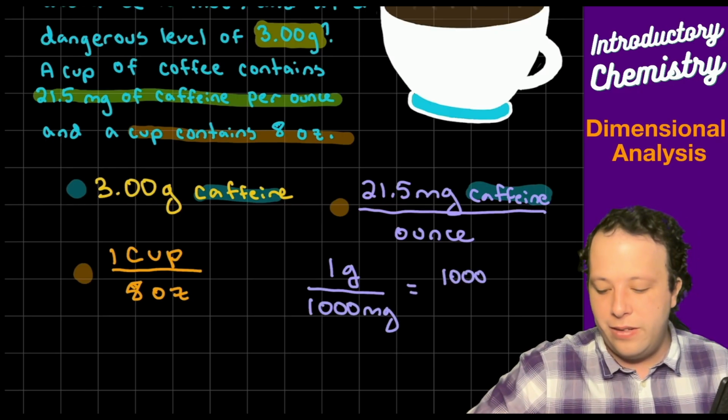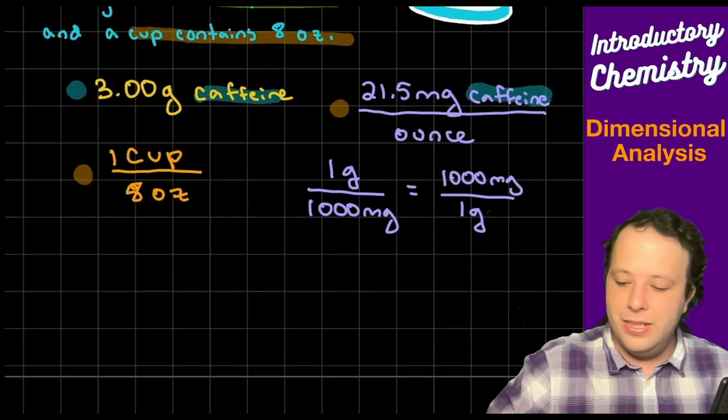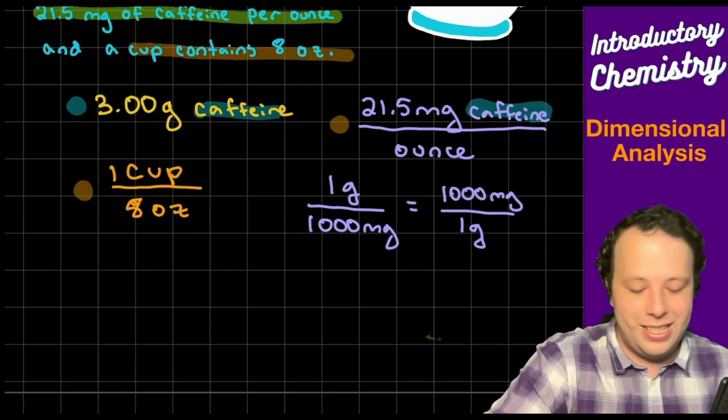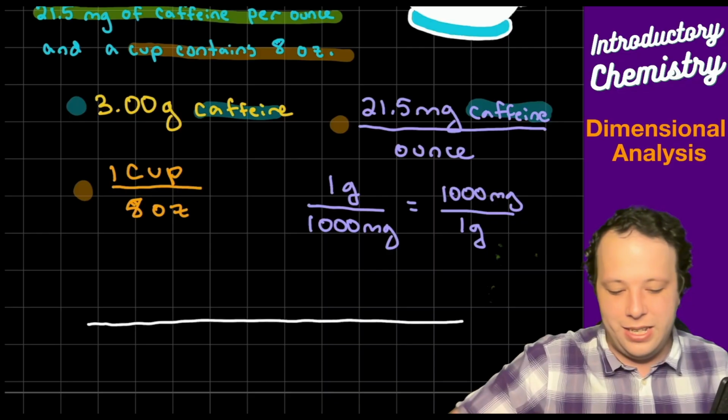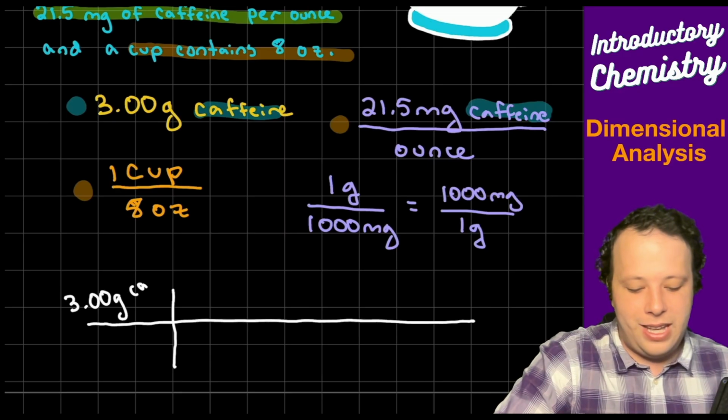So we have another conversion term, and we can choose whichever one will help us later. When we start this, we're going to start with the term that is by itself, which is the 3 grams of caffeine.